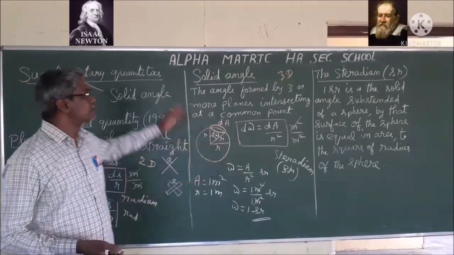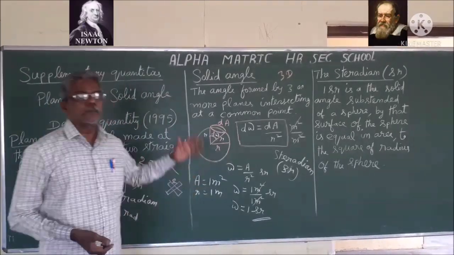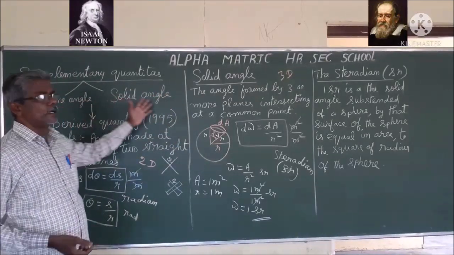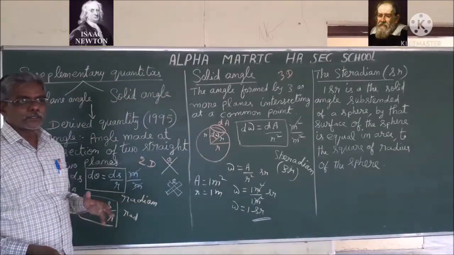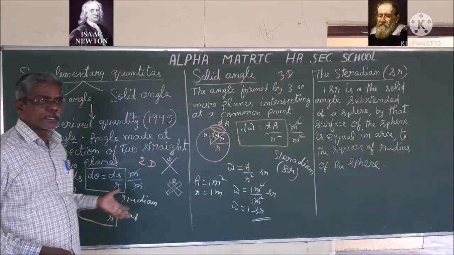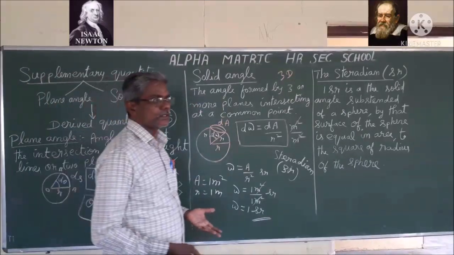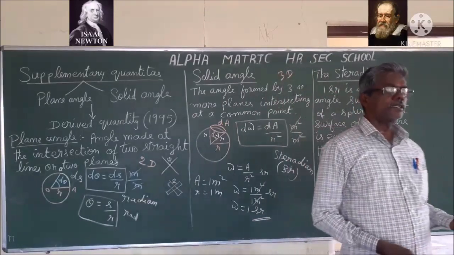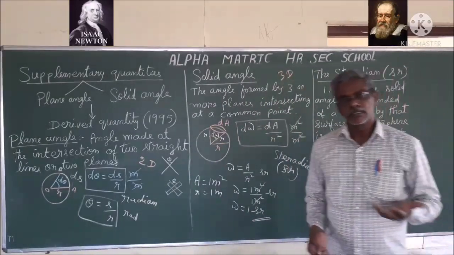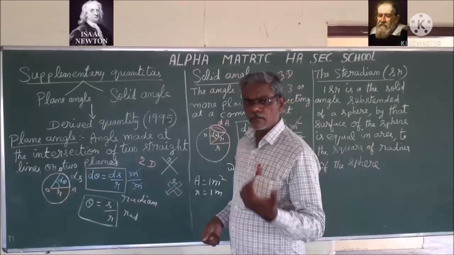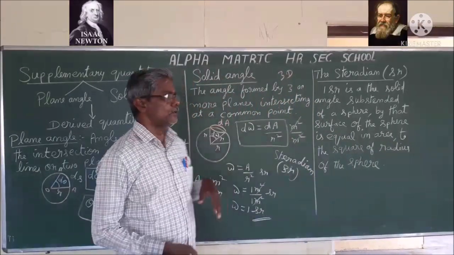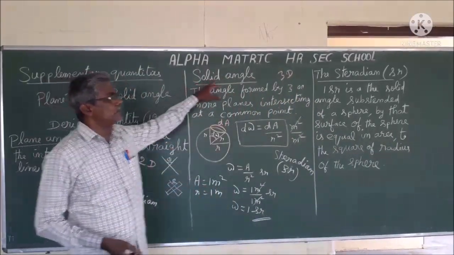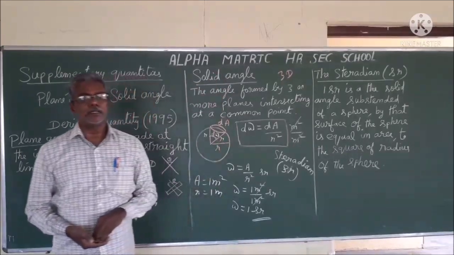Then we discussed supplementary quantities, plane angle and solid angle. We defined plane angle. Then we discussed conversion of radian into degree and degree into radian, then minutes into radian, then seconds into radian. Afterwards we discussed the solid angle. Thank you.